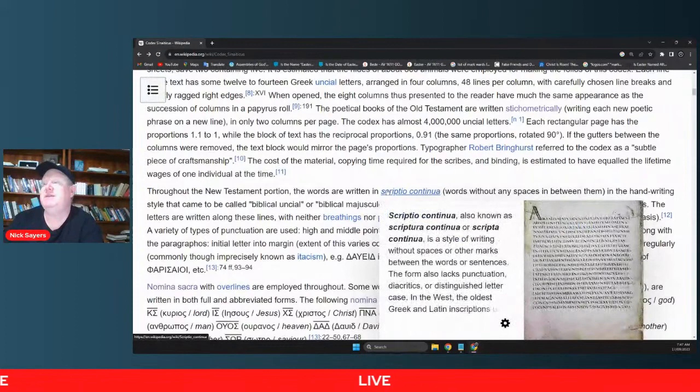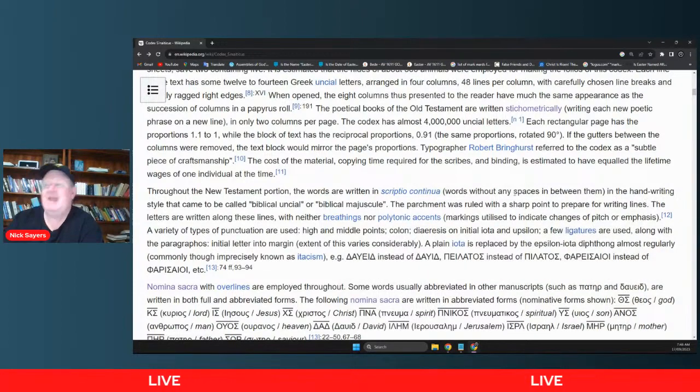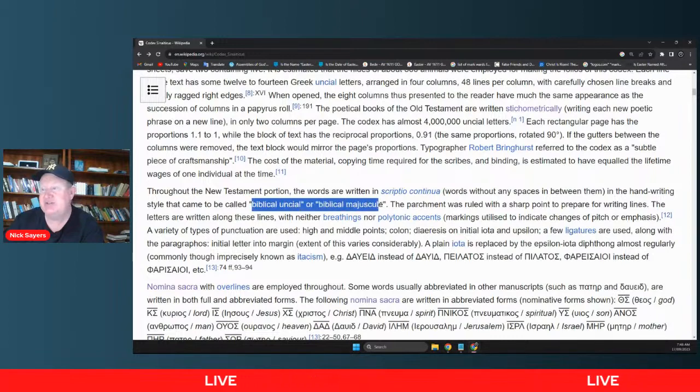Okay, so scriptio continua, a style of writing without spaces or other marks between the words or sentences. Words without any spaces between them in the handwriting style that came to be called biblical uncial or biblical majuscule. Okay, so the uncials, the majuscules.